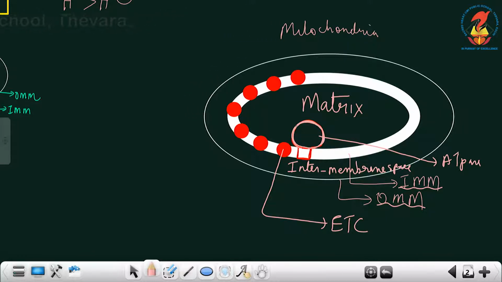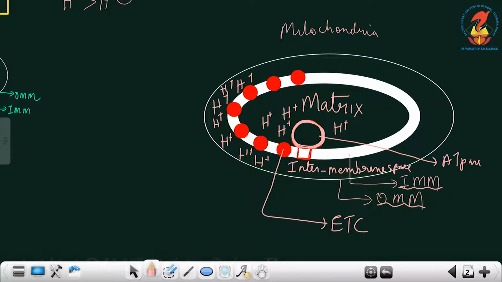Okay, it is projecting into the matrix, which means that where it is projecting into, there the protons should be less. Suppose there are 4 protons inside and outside there are 2 protons. It's not right. Outside should have more protons compared to the inside.